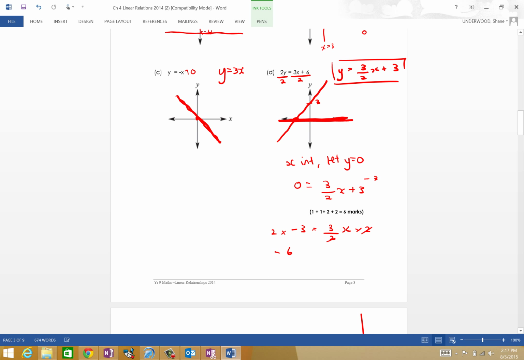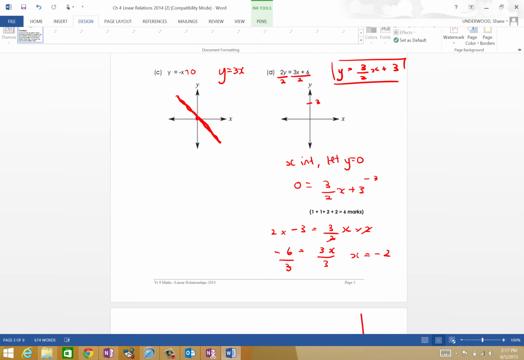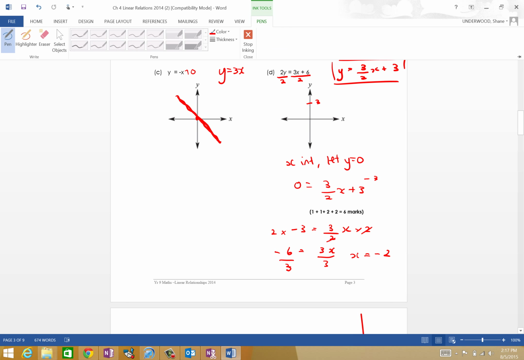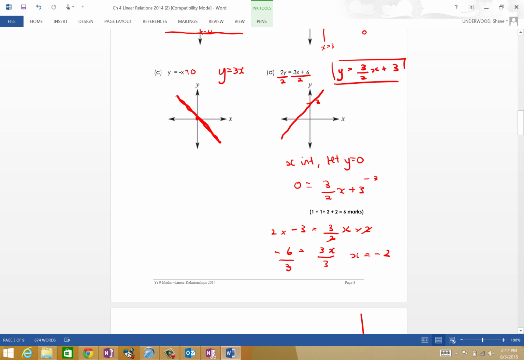So we've got minus 6 is equal to 3x, and you should then see that dividing both sides by 3, x is equal to minus 2. All right, so we have a line, and that is minus 2 for the x-intercept.